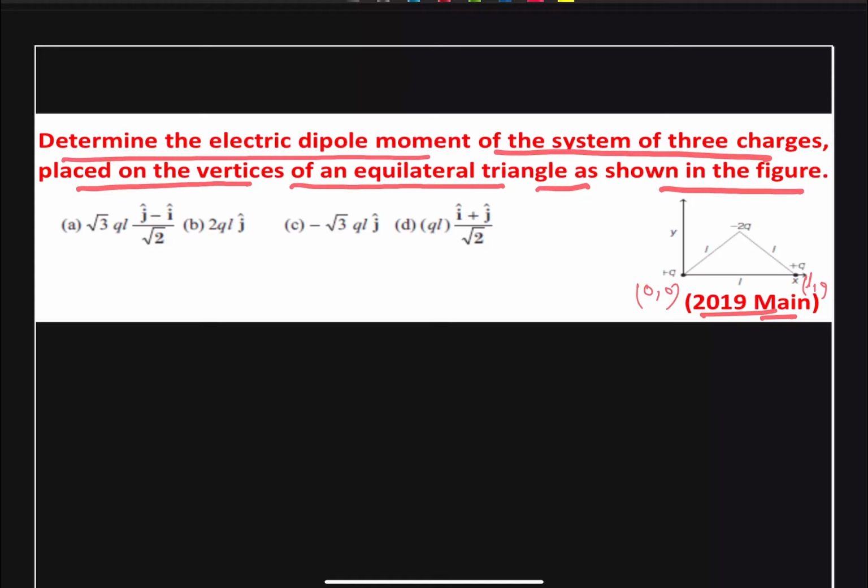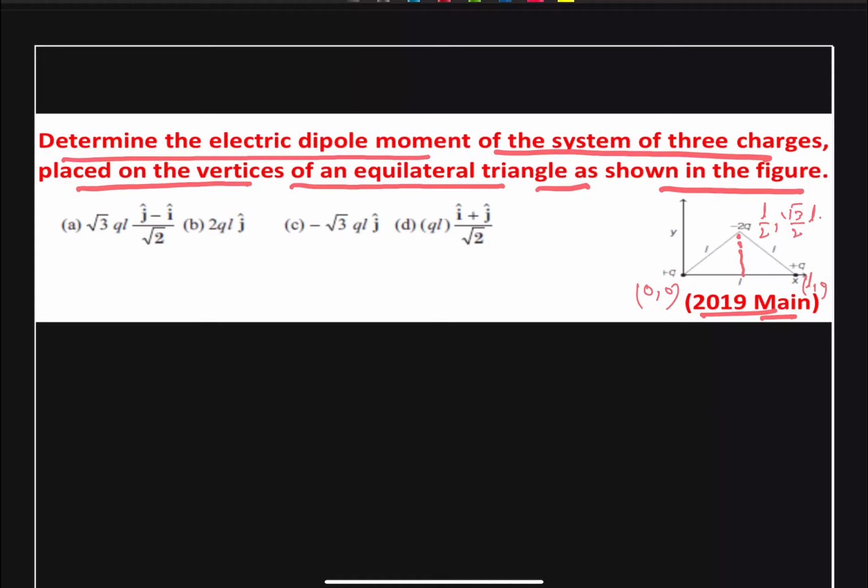The third will be placed at a certain height, which we can calculate later. So our minus 2q is going to have a coordinate L by 2, and the height will be given as minus square root of 3 by 2 times L. We can just use the Pythagoras theorem to find the height.